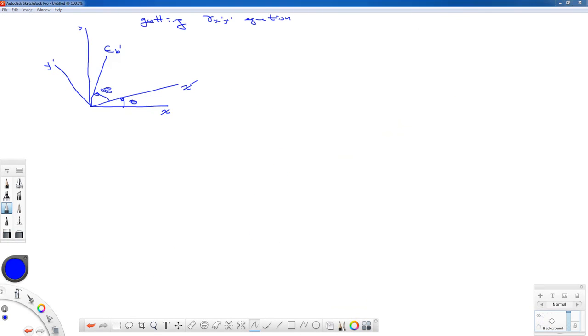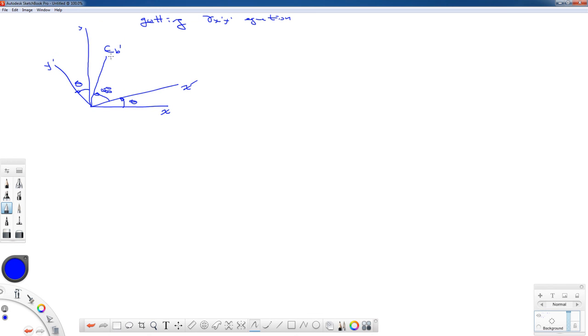Okay, now to see how we can get this gamma x prime y prime equation, we're going to take a look at our x and y coordinate system, and another coordinate system that's rotated by an angle of theta. So we have the x prime and y prime directions defined that way. So this would also be the angle theta. And we're going to look at a direction that's 45 degrees in between the x prime and y prime directions.